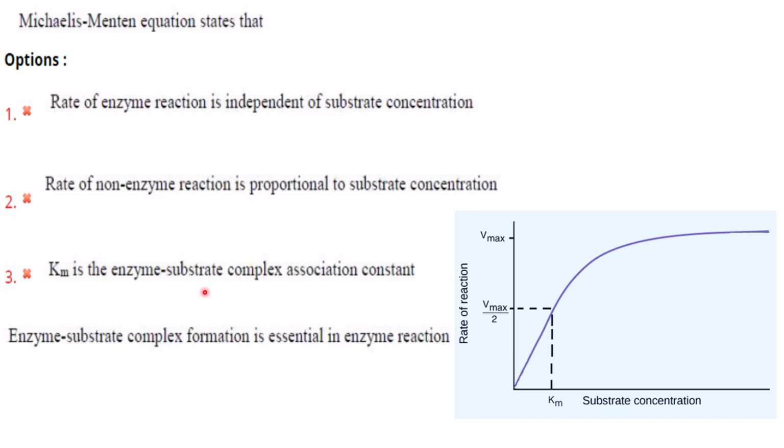Then Km is the enzyme substrate complex association constant. No, it just tells us the concentration of substrate that is needed for the reaction to reach half Vmax. That is what is meant by Km, the substrate concentration required to reach half the maximum velocity.